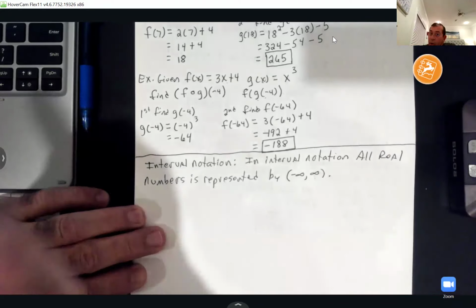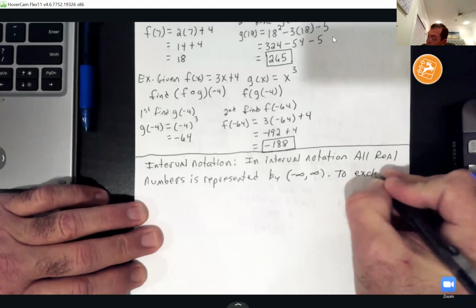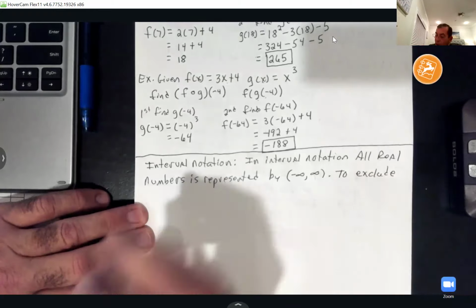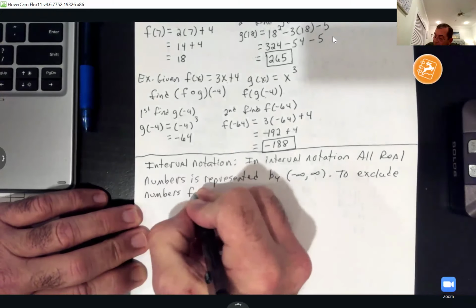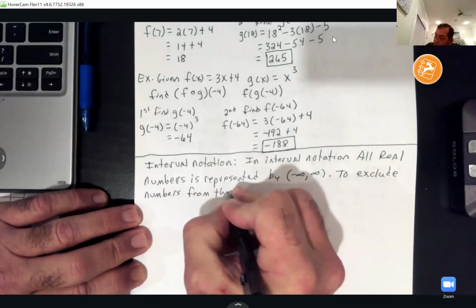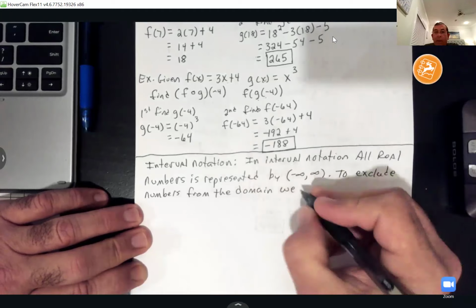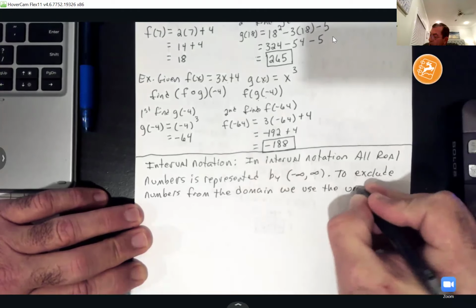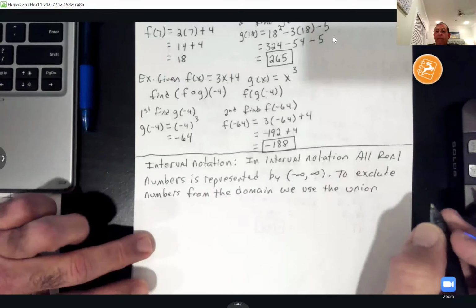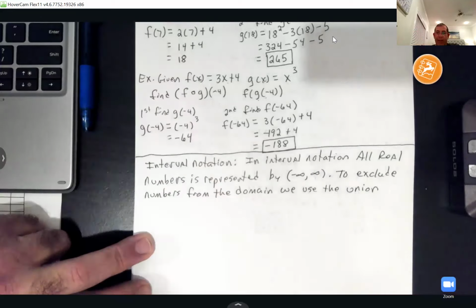So to exclude numbers from the domain, we use the union. So the union is like a U shape, okay?